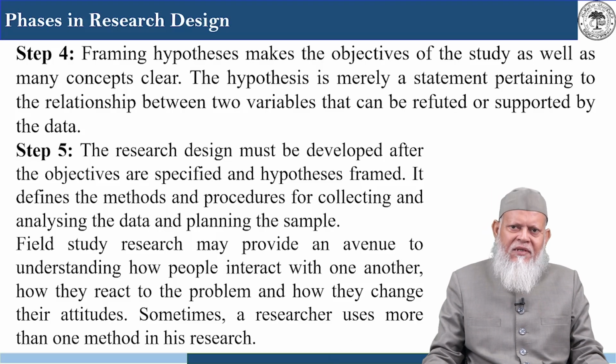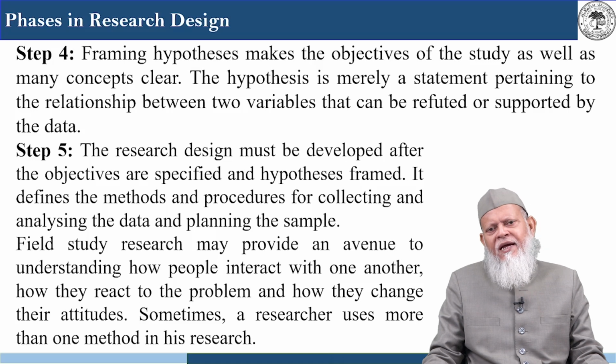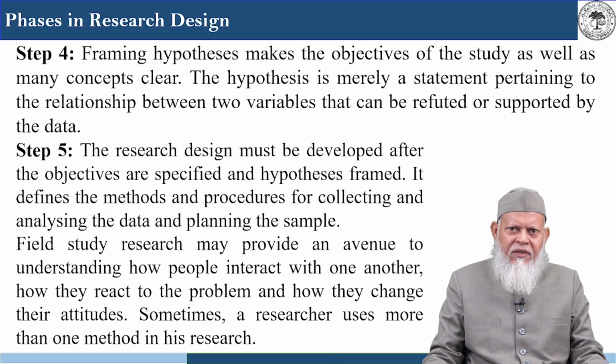This has to be tested. We would set up the null hypothesis and the alternative hypothesis, and then after the testing process, we find where exactly this relation stands. So, that is the hypothesis.